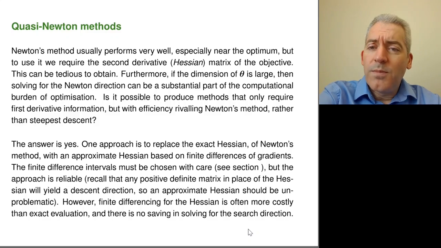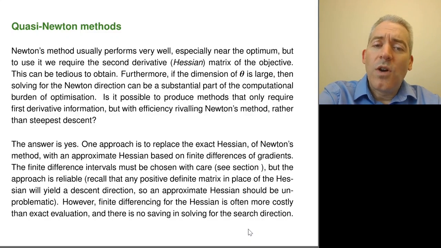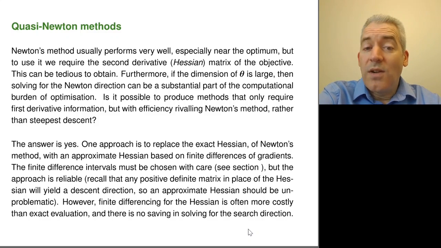So there are problems where that is a possibility, but it tends to come at a very big computational cost. You get a more efficient method in terms of number of iterations, but each iteration becomes very costly and potentially fraught with numerical issues. So that turns out not to be a very attractive method in general, but is certainly a possibility for some problems.